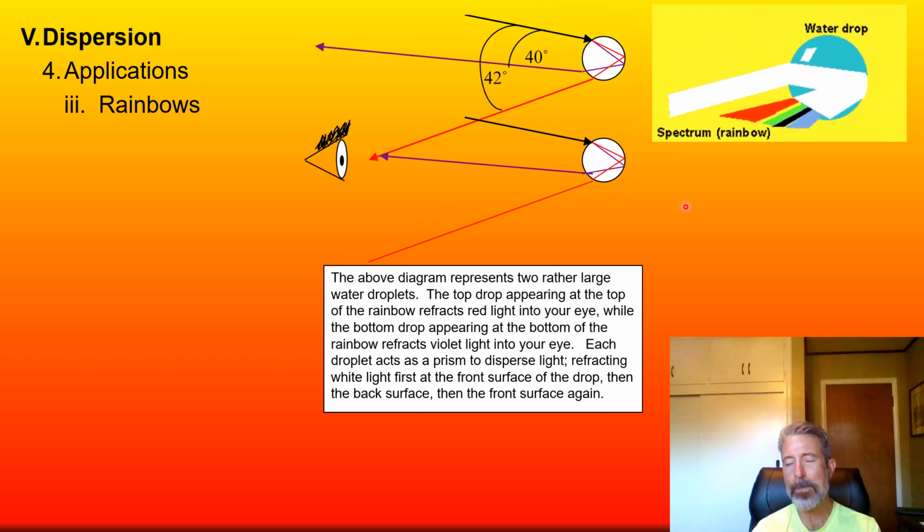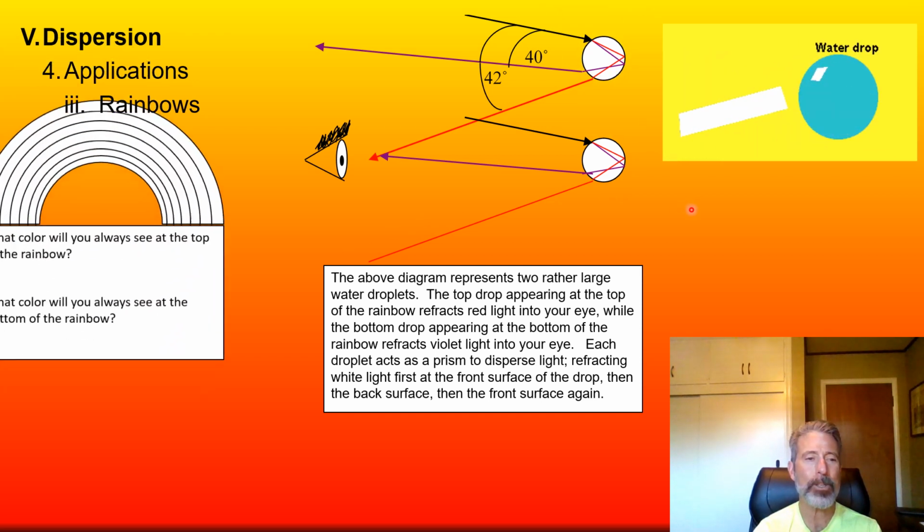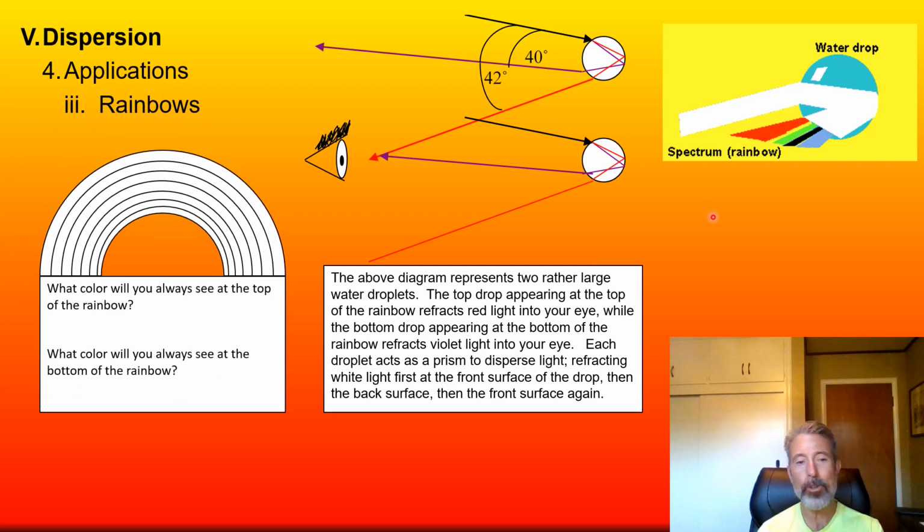So if I were to ask you the question, what color will you always see at the top of the rainbow, assuming you're standing on the ground, of course? Well, you would expect to see the red light at the top of the rainbow, whereas you would expect to see the violet light at the bottom of the rainbow. So red on top, violet on the bottom, due to the refraction that happens and the separation of colors, which we call dispersion.